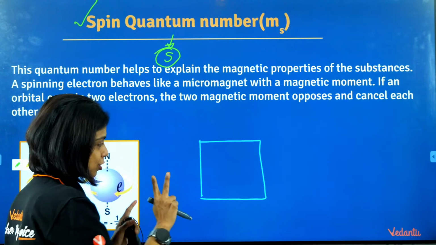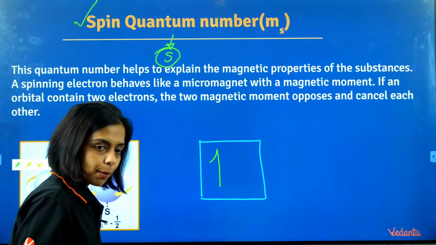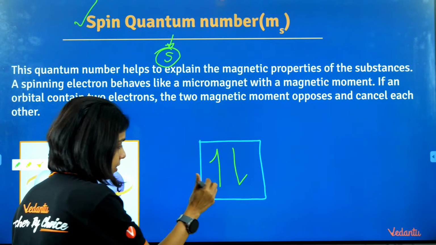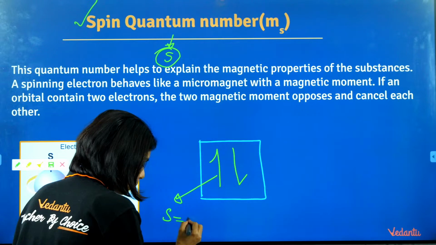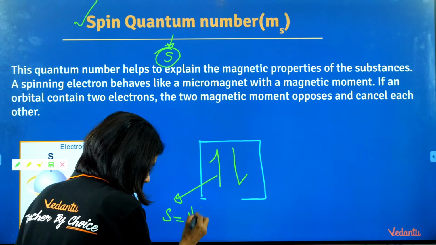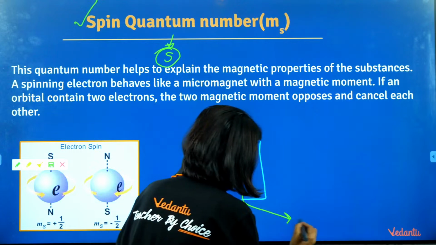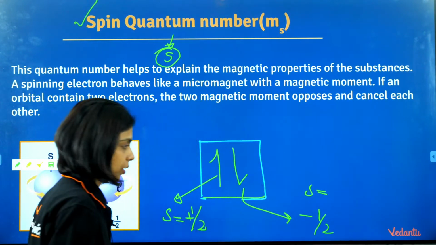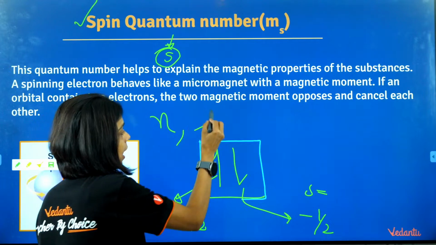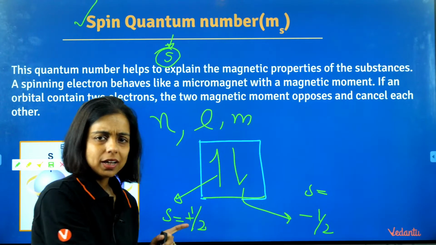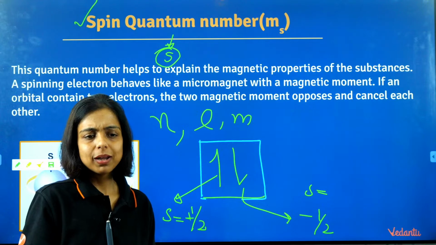So I have 2 electrons, one head up, one head down. This one will have plus half spin, and the other will have minus half spin. At least their spin quantum number value is different. They have the same values for n, l and m, but one can have plus half, and the other minus half.